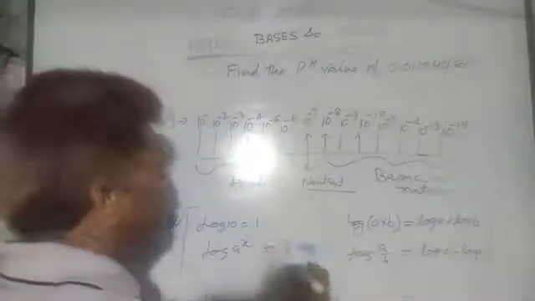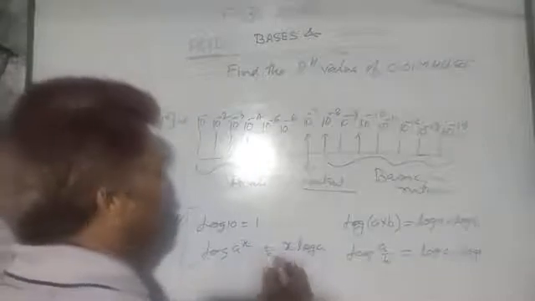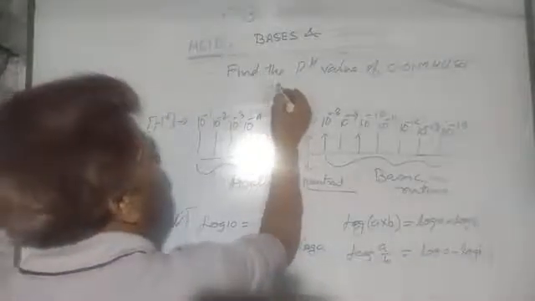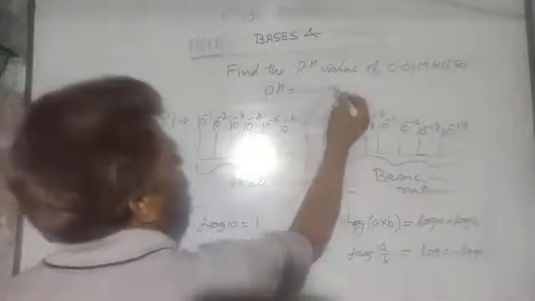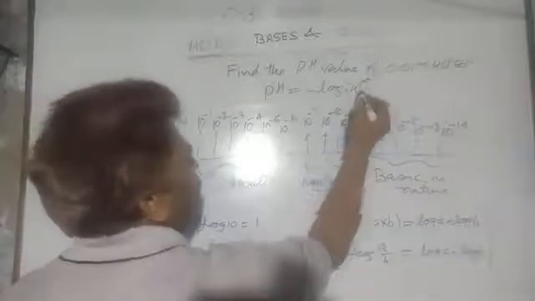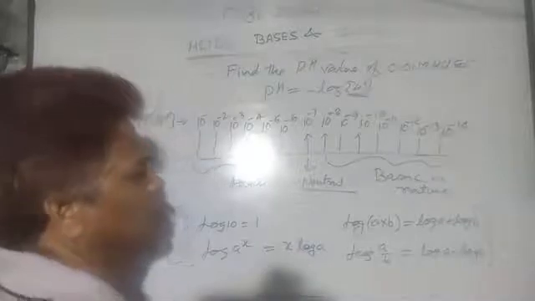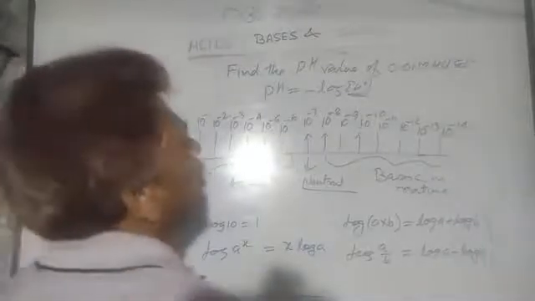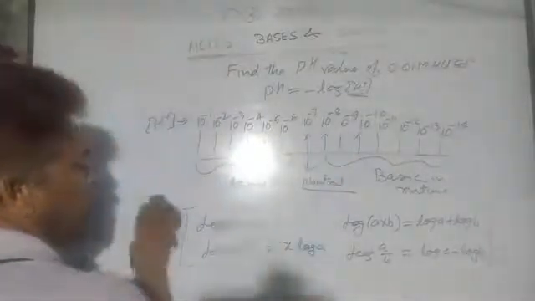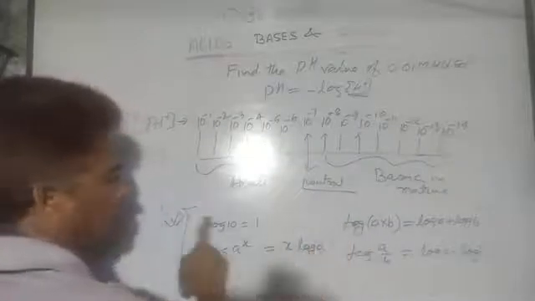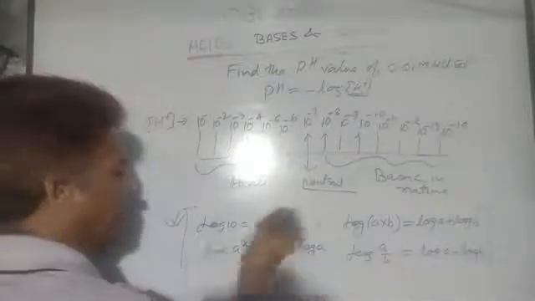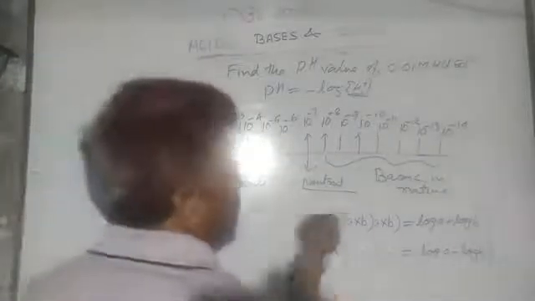In pH value, all of you know the formula: pH equals minus log [H+]. So first of all you have to know the hydrogen ion concentration in the given solution. How can you find the hydrogen ion concentration? You might have noted that one. Now I am going to rub it.